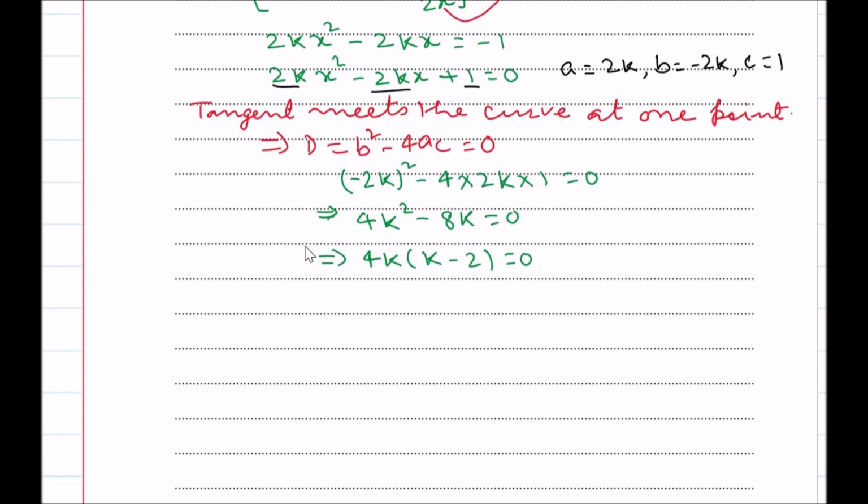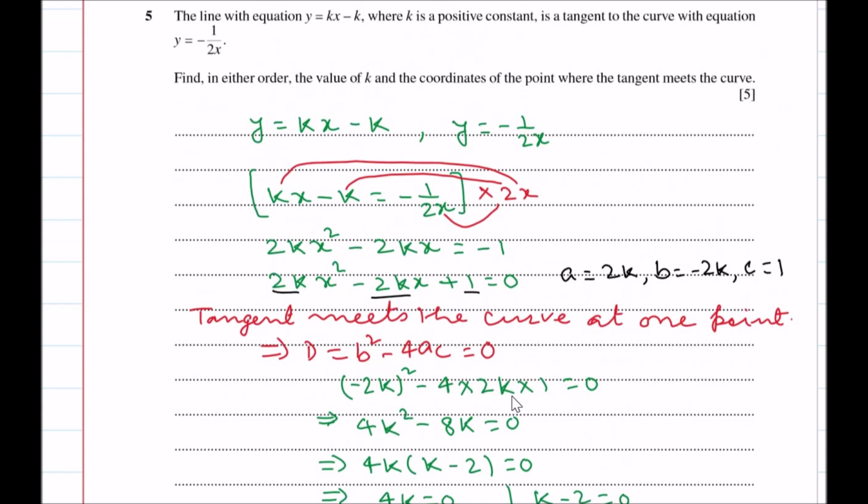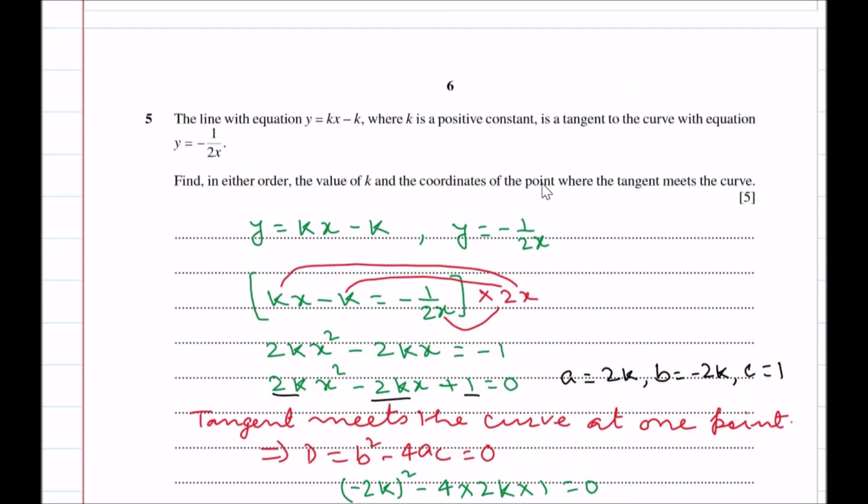Okay. So that means now two factors are there. We'll write each factor equal to 0. We can write 4k equal to 0, or k minus 2 equal to 0. This gives us k equal to 0, which is not acceptable. Why? Because you can see in the question, k is a positive constant.